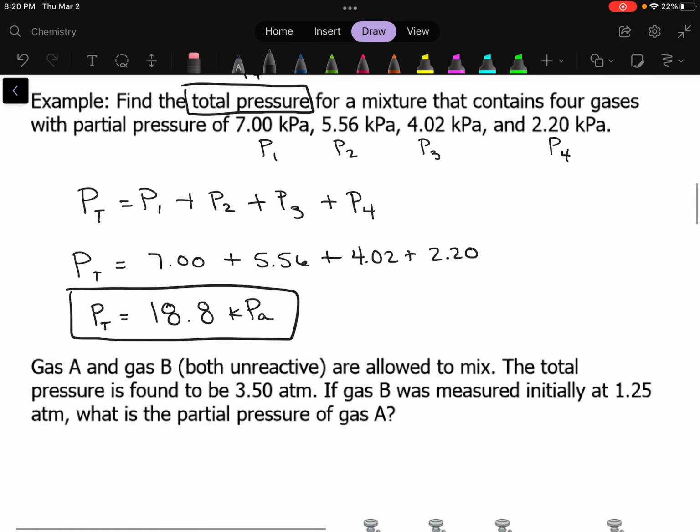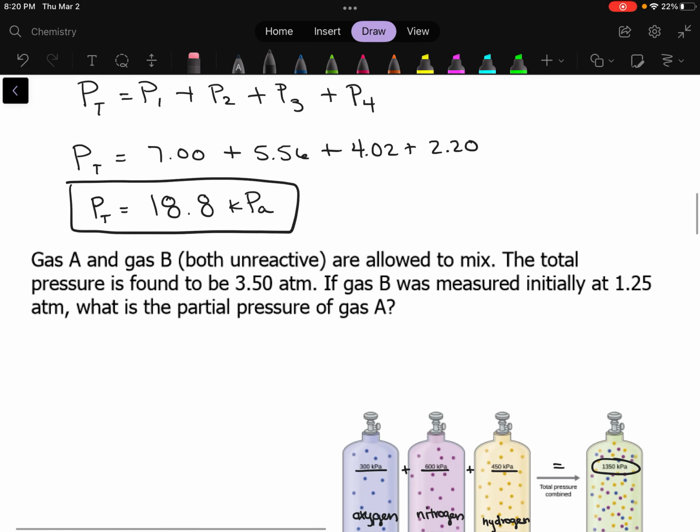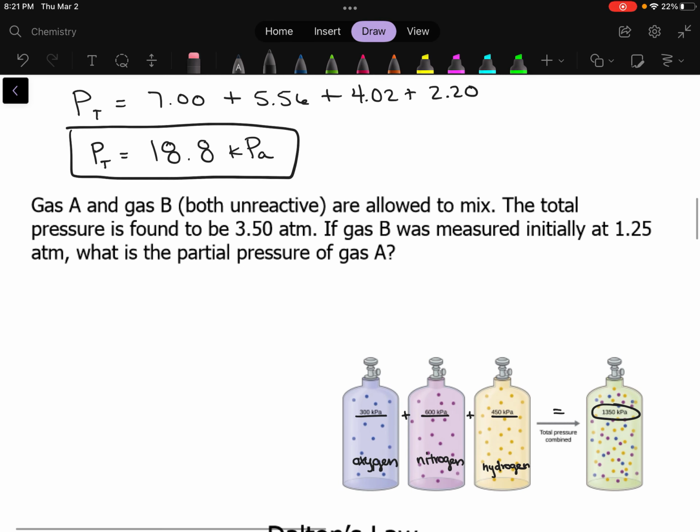Okay, our next question. And this one says both A and B are unreactive and allowed to mix. The total pressure is 3.50 atmospheres, and if B was measured to be 1.25 atmospheres, what is the partial pressure of A?